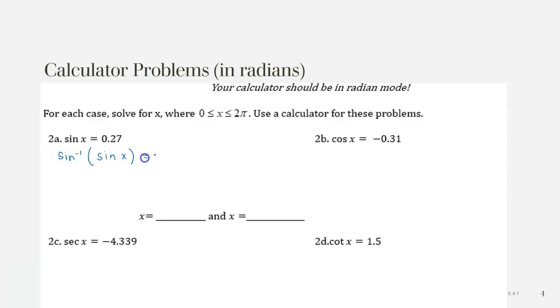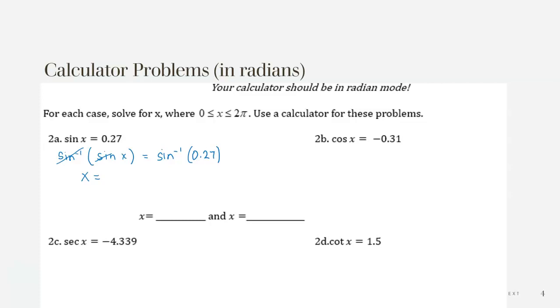So we're blowing up that sine house by doing sine inverse of the 0.27. This sine inverse blows up the sine house and we get the x answer. This will only give us one value and we want two values. So we're going to figure out what quadrant we're in and then figure out how to get the other value.